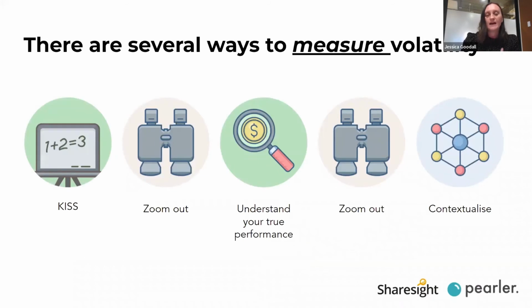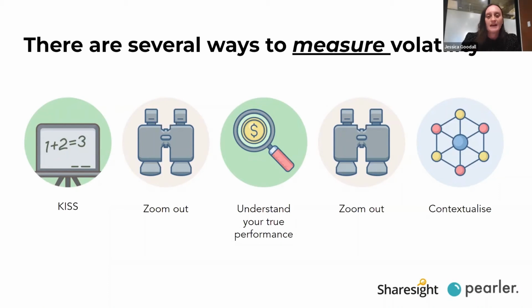So in terms of how I like to look at volatility within my own portfolio, I really like to start by keeping it as simple as possible. I then like to zoom out, and I'll touch on what that looks like practically in a moment. And then fundamentally really understand my performance and those price movements or perceived price movements as much as I can using data and technology.